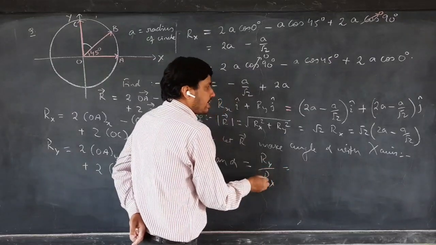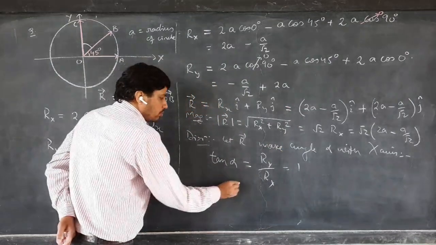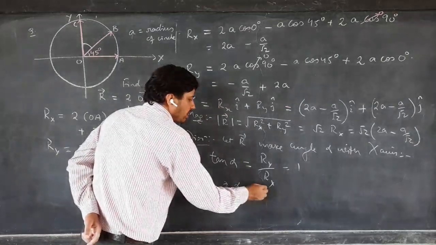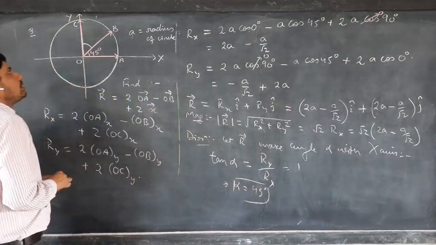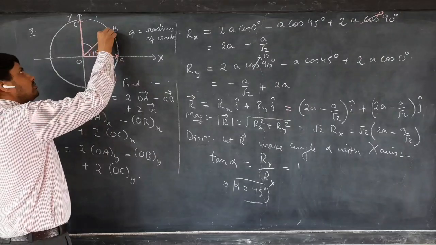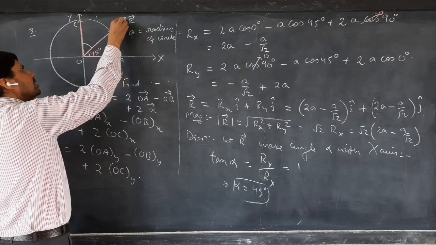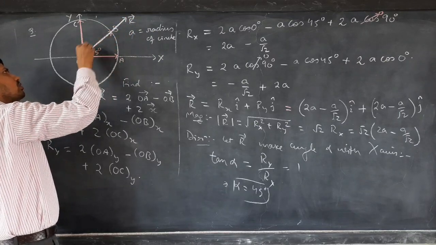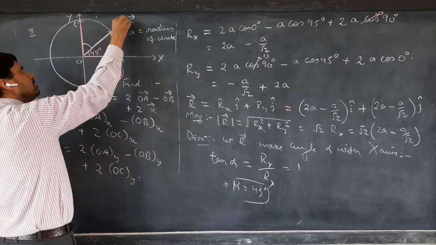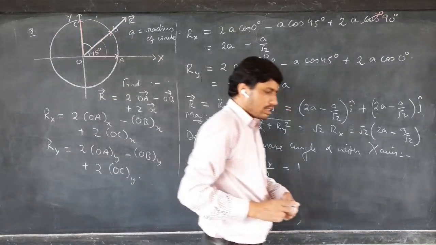But since Ry and Rx have the same value, this comes out to be 1, and this is possible only if alpha is 45 degrees. That means R vector will be along this direction. This is our R vector, and it makes an angle of 45 degrees with the x-axis.